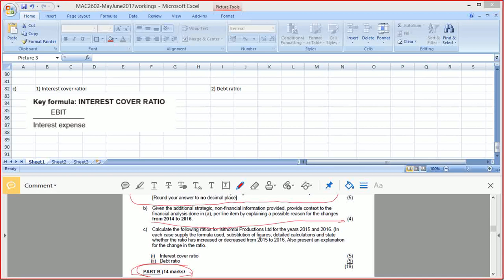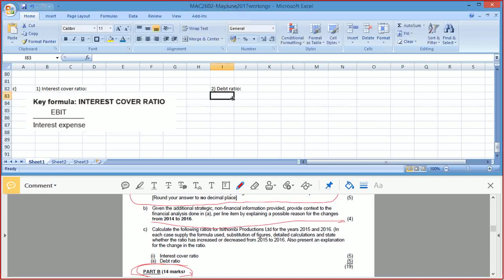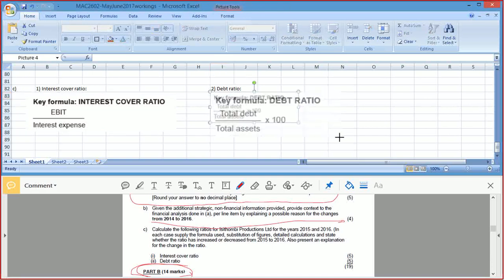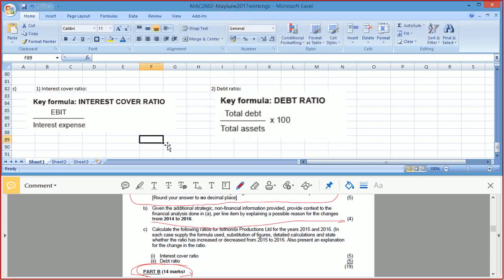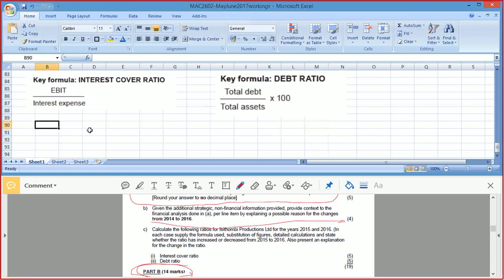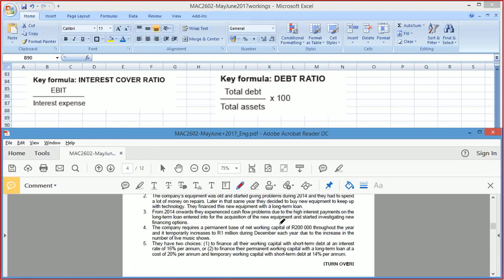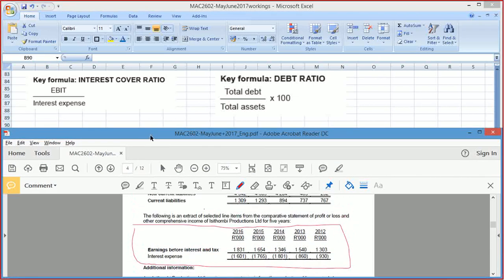Debt ratio or gearing ratio is given as this. Okay, so this is what you study, this is what you get from your study guide. Copy paste that and then do the working. See that? Yes, sir. Easy, right? Yes, sir. Okay, so go to the question and look for those amounts.